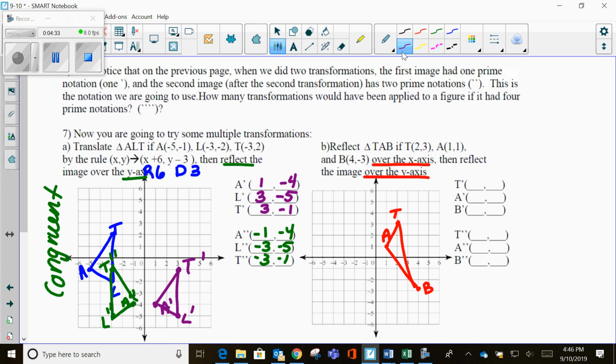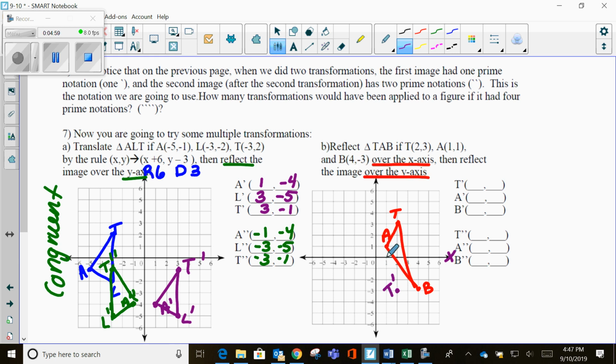So my first image is going to reflect over the X-axis. The horizontal axis is the X-axis, so I'm going to reflect from the top to the bottom, or from the bottom to the top. When we're reflecting over the X, the Y coordinate changes. So I'm going to start with my T, and if my original point was 2, 3, my new reflected point would be 2, -3.